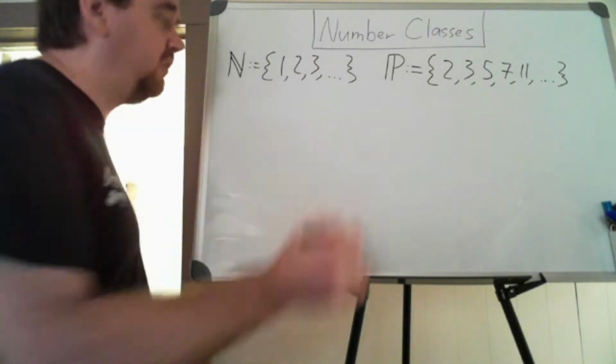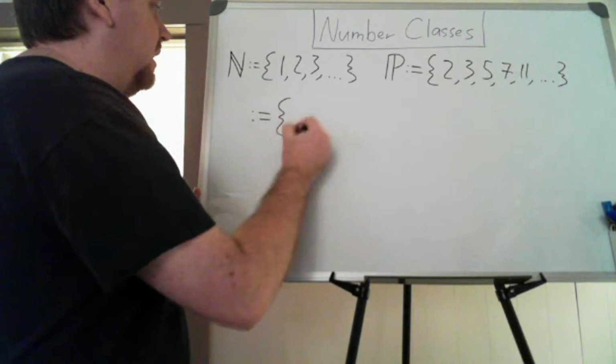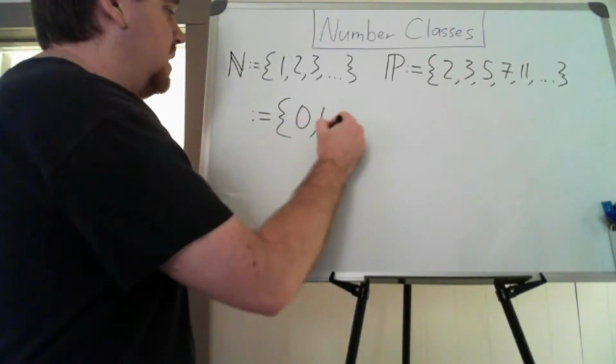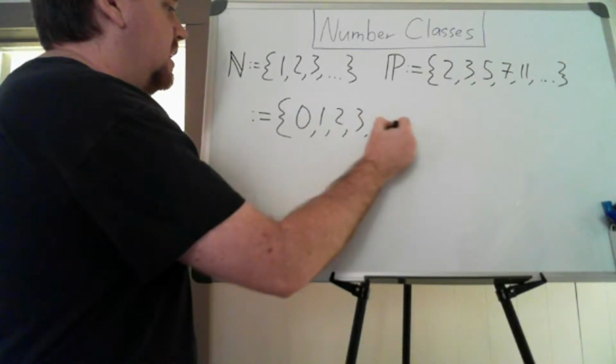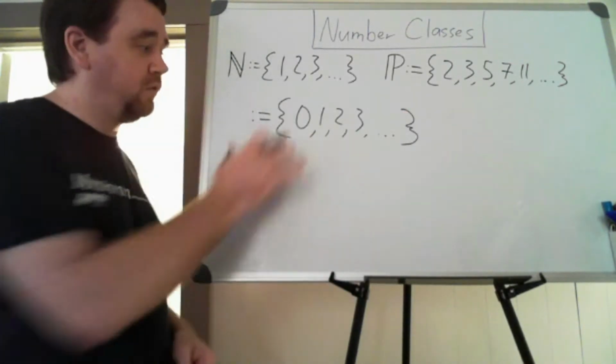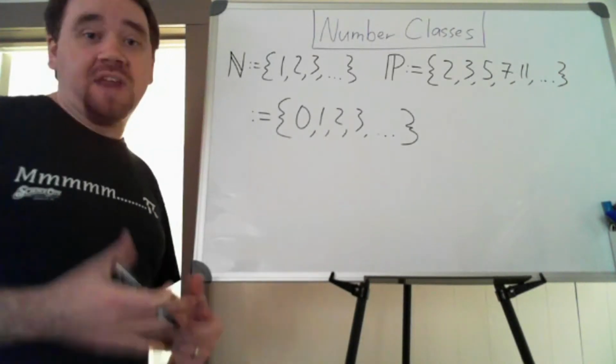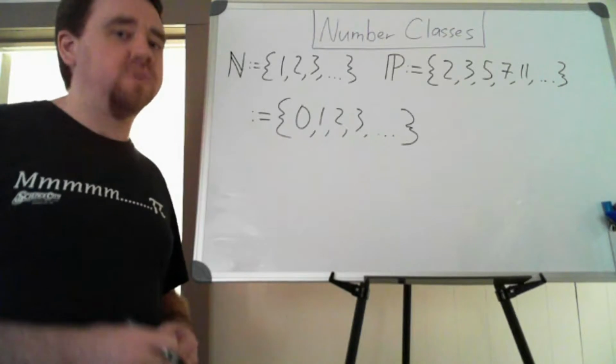I'm going to start with the set first, and that just looks like what you would expect it would. It's the set of numbers with 0, 1, 2, 3, and so on. It's almost exactly the set of natural numbers, but we've thrown a 0 in there too. This is something we call the whole numbers. Numbers that have no fractional part to them is really where that title came from.